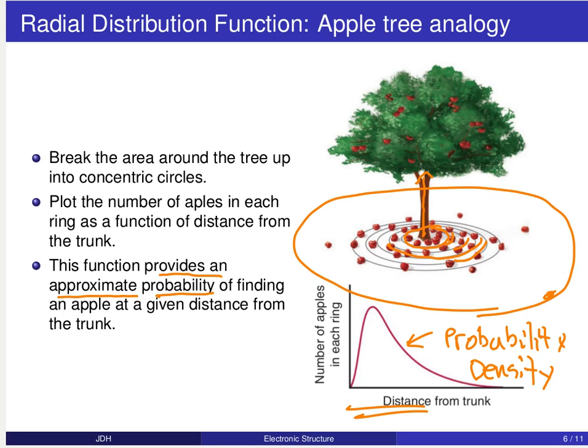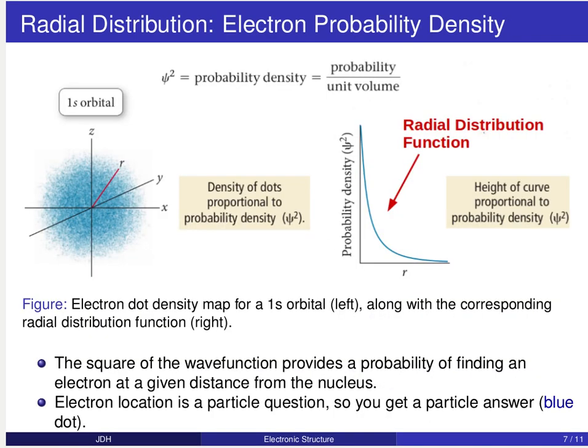But of course the question is, how does this relate to electrons? Well, remember that the solutions to the Schrodinger equation are orbitals, and we already know how to label the orbitals, we already know what they look like, right? With each one of these orbitals, there is a corresponding probability density that's given by the modulus squared of this wave function.